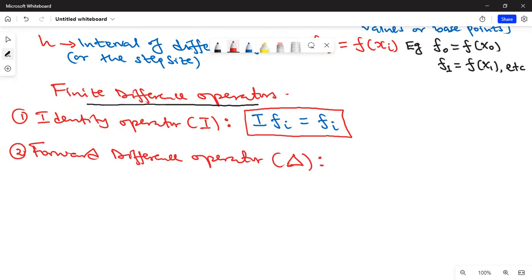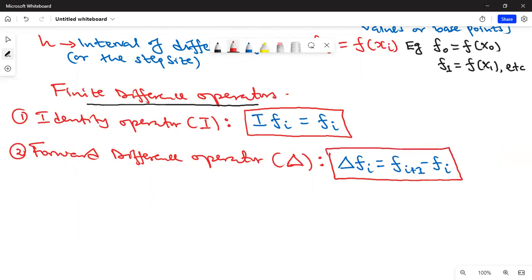How is it defined? It is defined by the forward difference of fi is the same as fi plus 1 minus fi. The next minus the current. That's what it means. So I can also bracket this. That is forward difference.